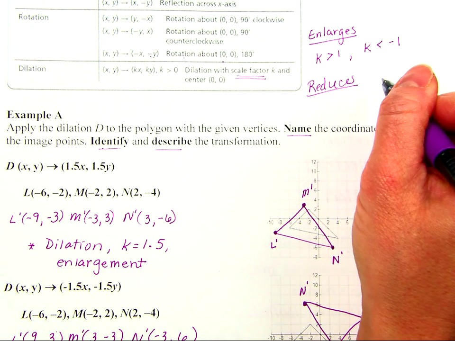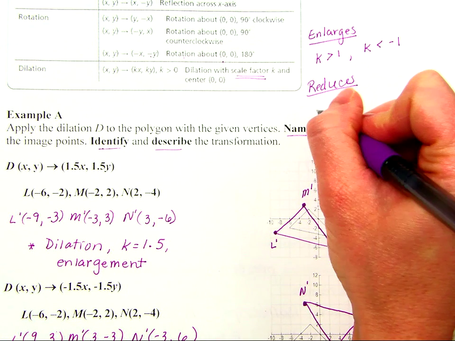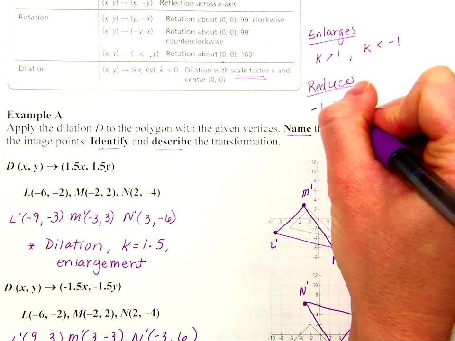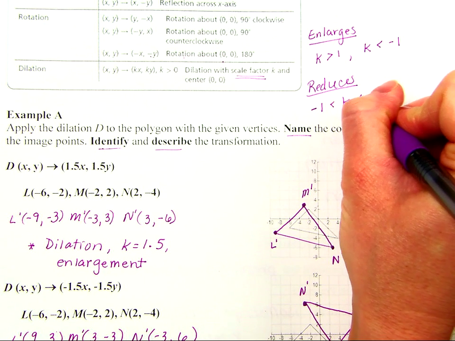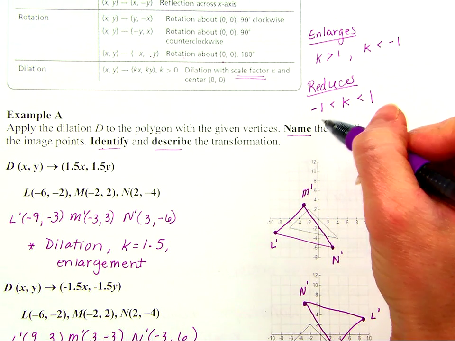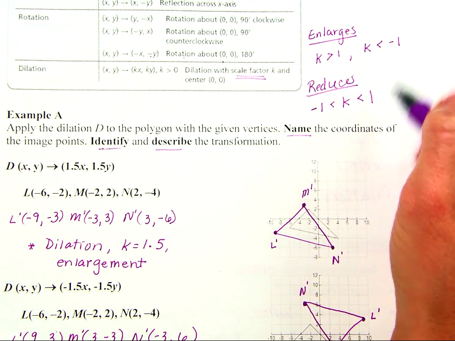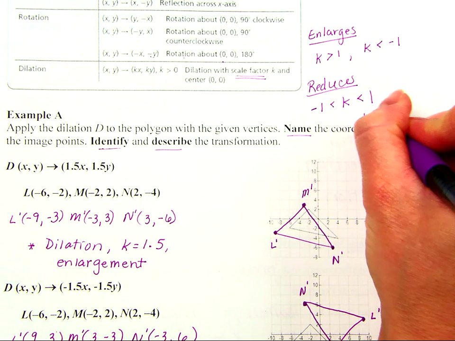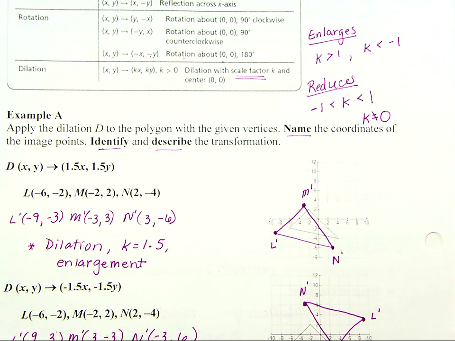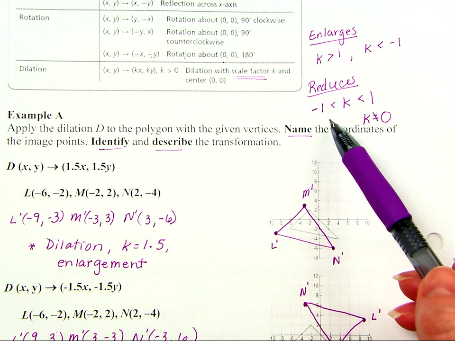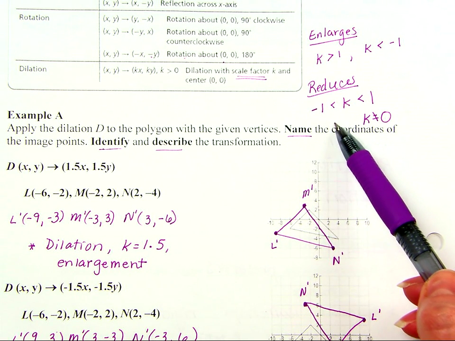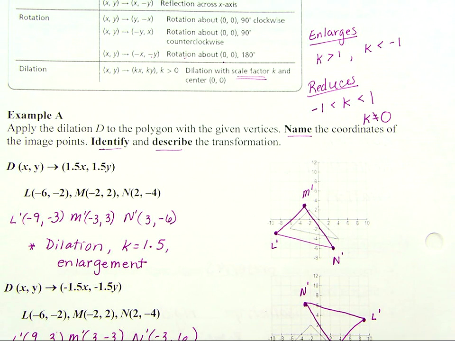So we actually can say that we reduce if our scale factor is between negative 1 and 1. But, of course, we cannot have a scale factor of 0. Now, what would happen then if we had a scale factor of negative 1/2? Well, our triangle here would have reduced, but it also would have rotated because of the negative signs.